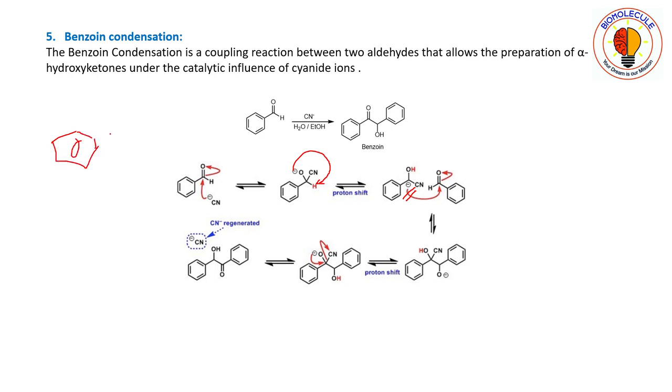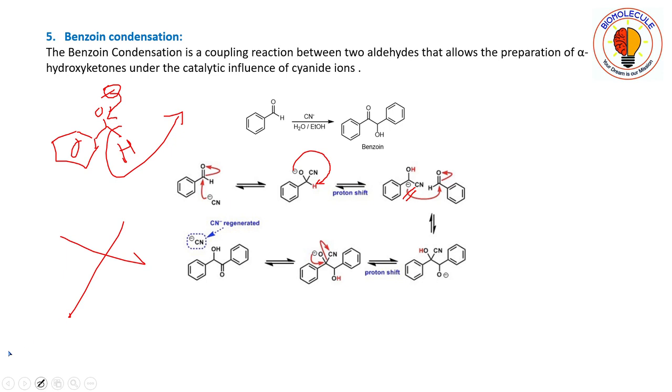That is, this O minus does not backfire and give this hydride transfer. This kind of thing does not happen here. What happens is this O minus takes up the alpha proton to give the carbanion.